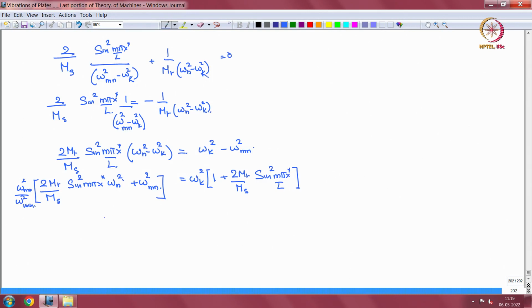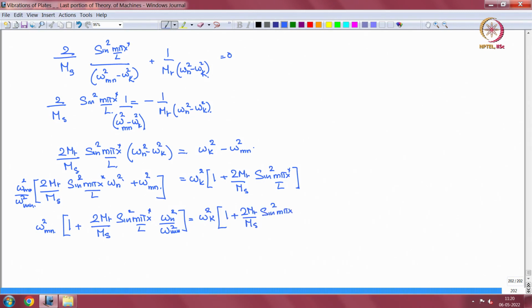I get twice mr by ms sine square m pi x star by L into omega n square by omega mn square, into omega square mn, is equal to omega square k into 1 plus twice mr by ms sine square m pi x star by L.